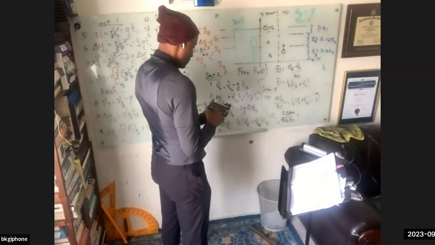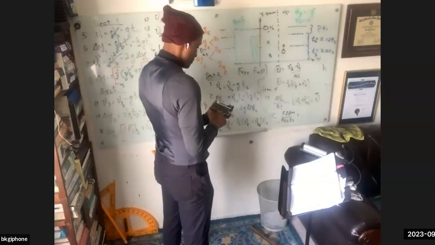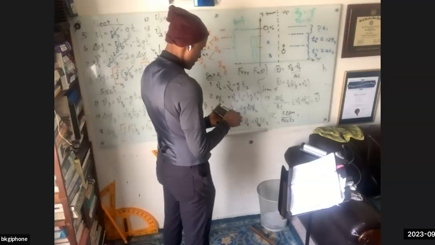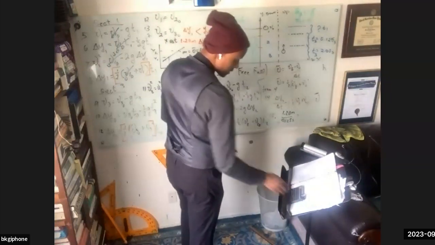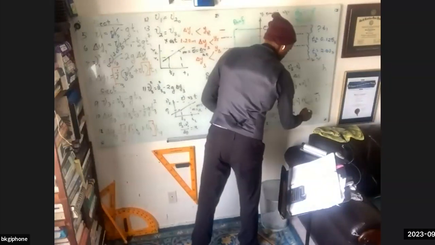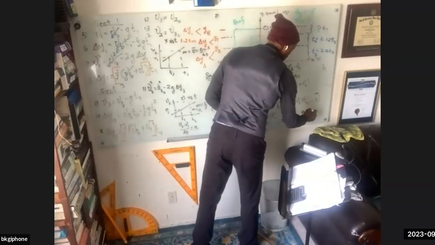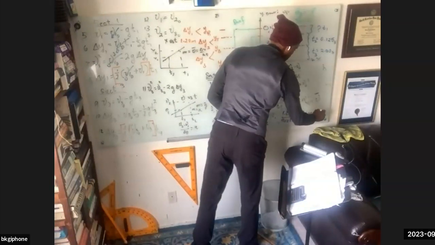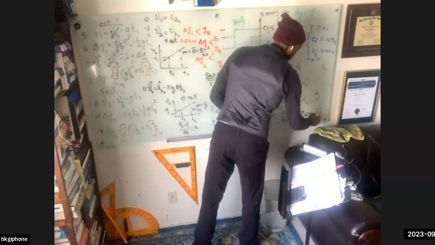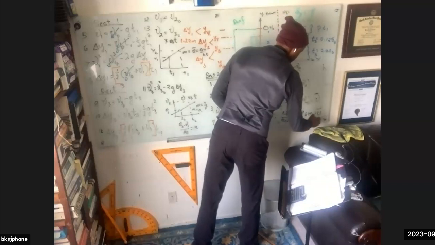So we're going to get 1.2 enter 0.125, divided, average velocity is 9.6 meters per second. Okay, so I'm going to underline that.